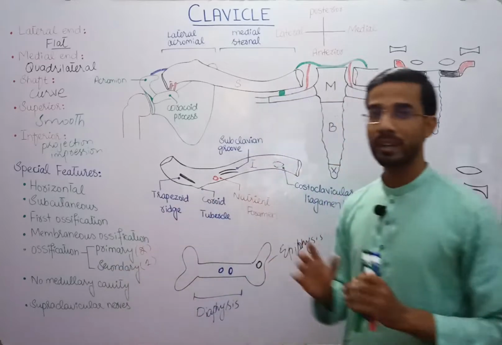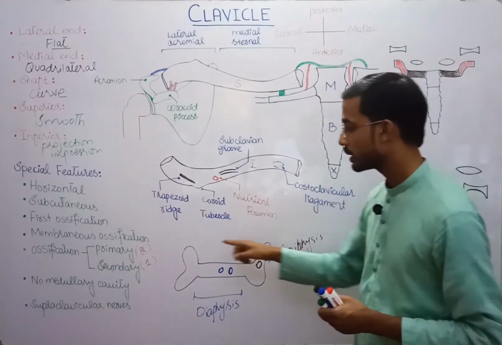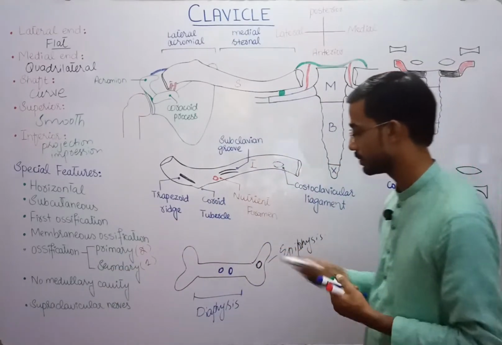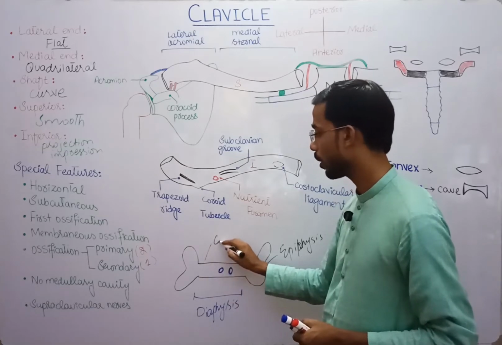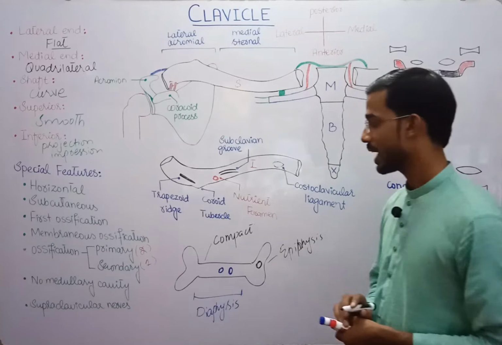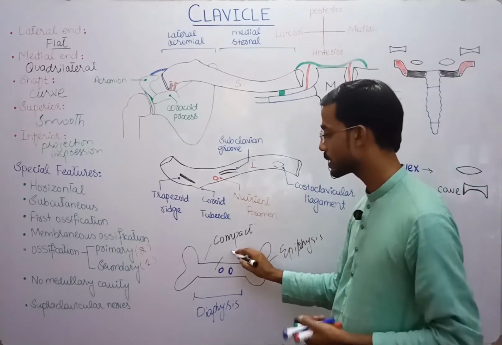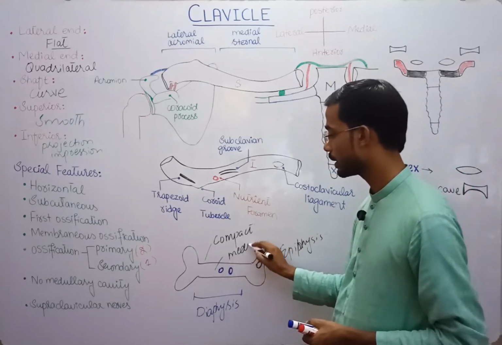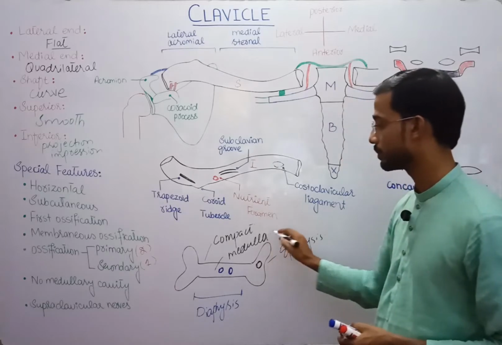There is no medullary cavity. Actually, in a bone, the outer part is called compact bone, and the inner part is called spongy, or the medulla part.